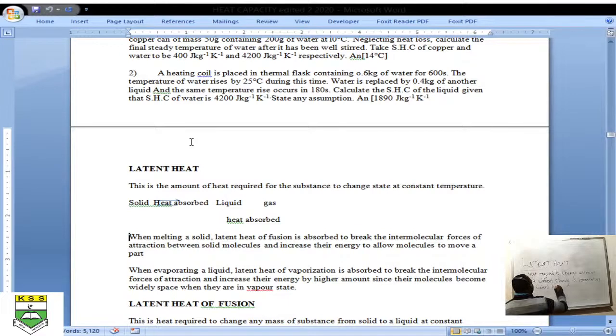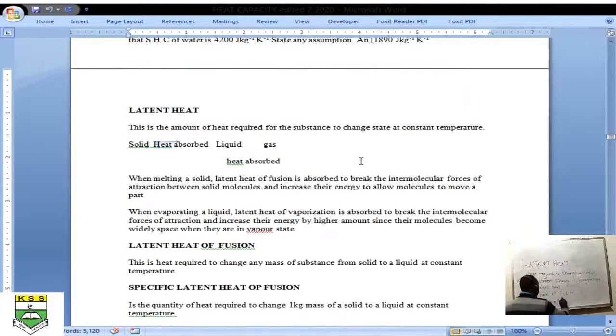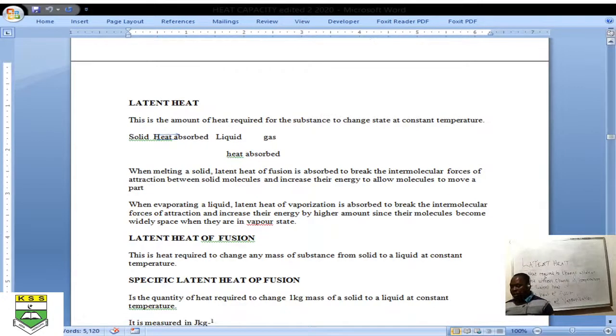The types of latent heat: we have latent heat of fusion and latent heat of vaporization.